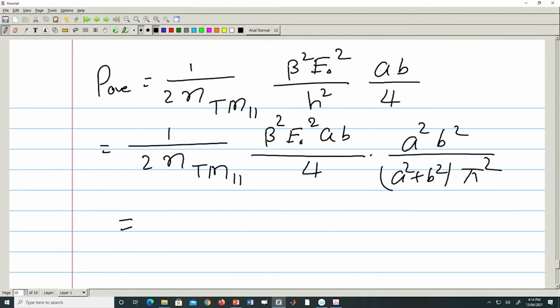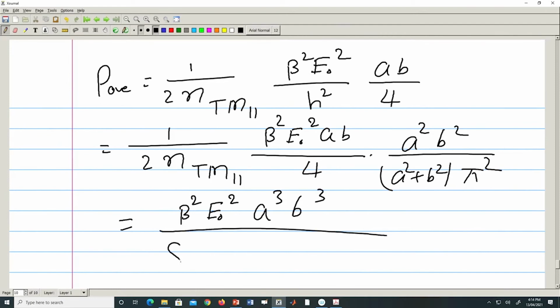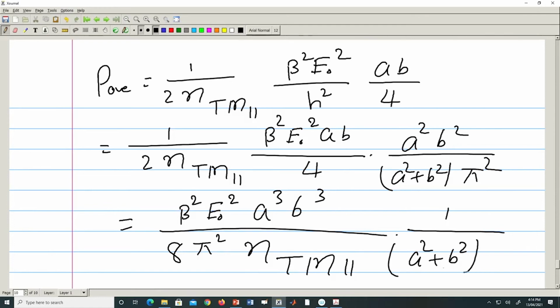So the final power flow for the TM11 mode will be beta square E naught square a cube b cube divided by 8 pi square eta TM11 divided by a square plus b square. So this is the average power flow in the waveguide.